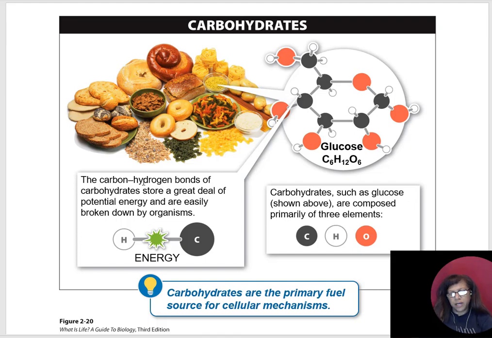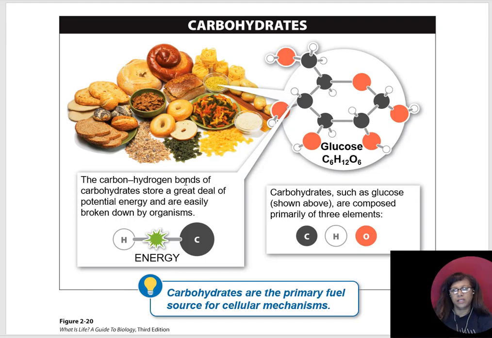The carbon-hydrogen bonds of carbohydrates store a great deal of potential energy, and they're easily broken down by organisms such as us. And that's why they're used and preferred by organisms, right? Because we can easily break that carbon-hydrogen bond to get energy.